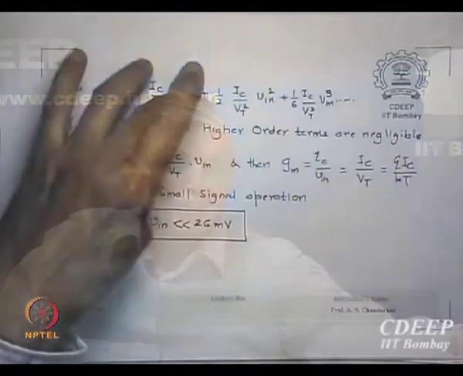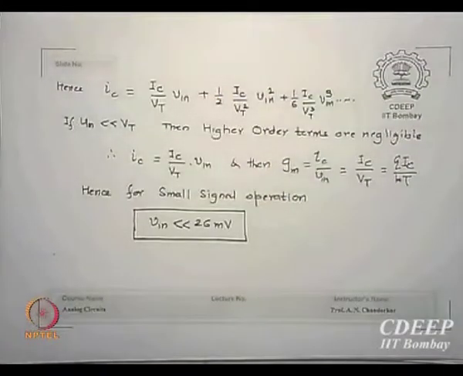Is that correct? So you must understand, in this there is only one omega t term going on, which is called the fundamental. I have a signal at one frequency and I want output also at the same frequency. If the power or energy is given to other harmonics, I will not get enough power for my fundamental. So my amplification will become lower and lower and lower. Is that clear to you?